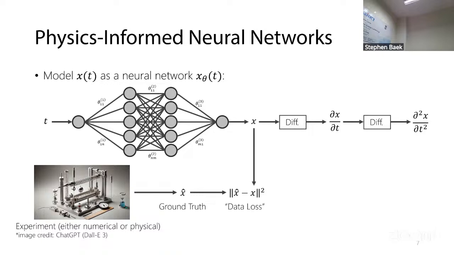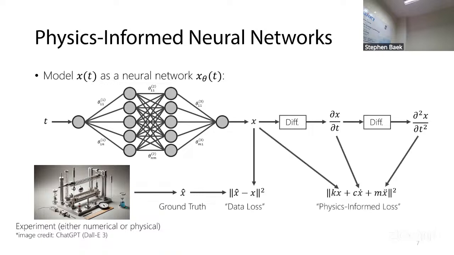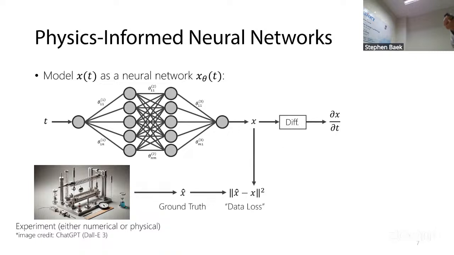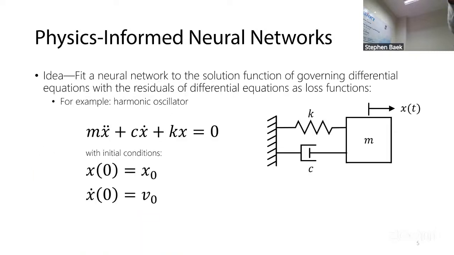And using those, we're going to construct yet another loss term called the physics-informed loss. And the physics-informed loss is nothing more than the residual of the governing ODE. Remember that? This one over here.